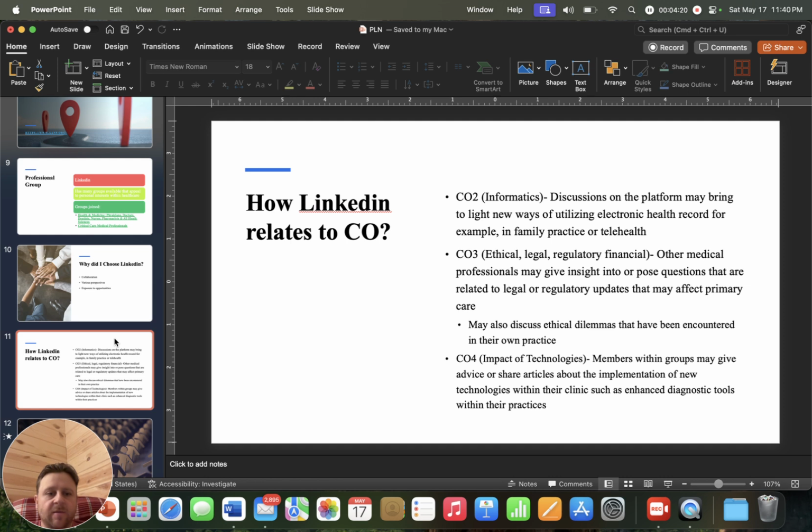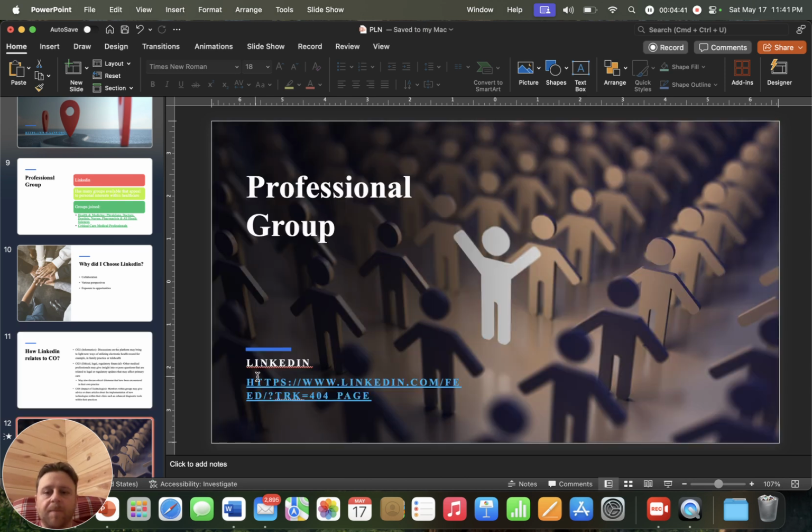And again, ethical dilemmas come to light when they might discuss some that they've encountered in their own practice. And of course, outcome 4, impact of technologies. Members within groups may give advice or share articles about implementation of new technologies within their clinics, such as enhanced diagnostic tools within their practices that I could use in my own.